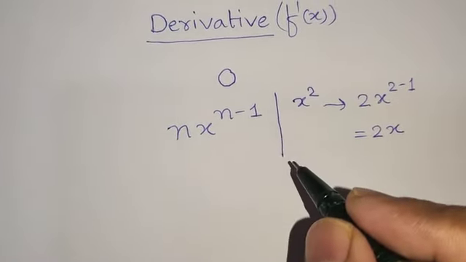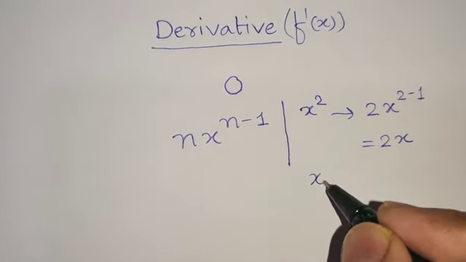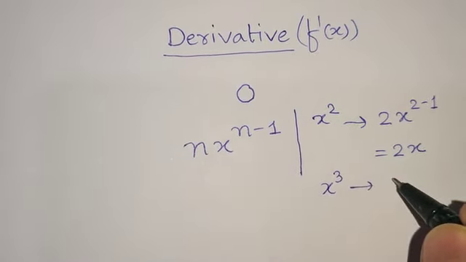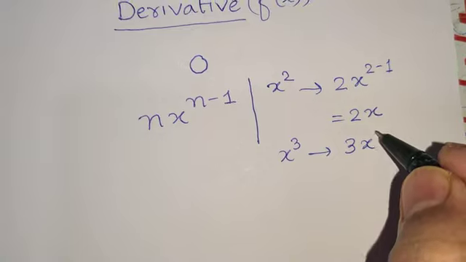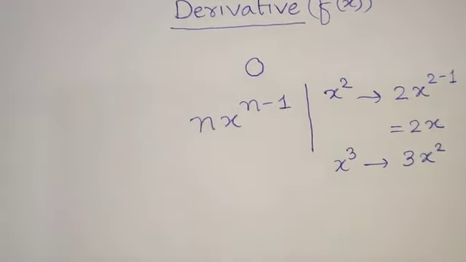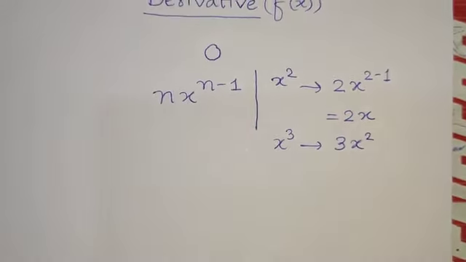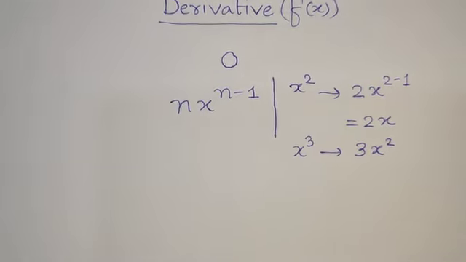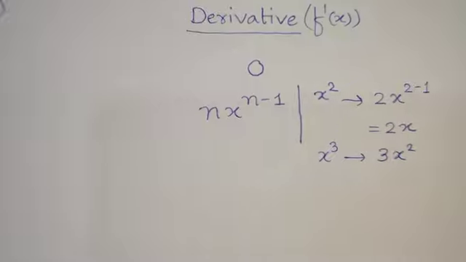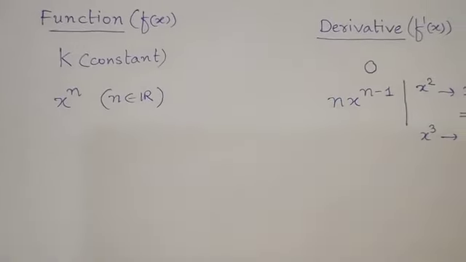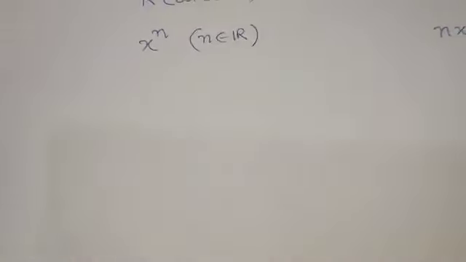In the similar way, you can find the derivative of x cube is 3x raised to 3 minus 1, so I will directly write 2. The derivative of x cube is 3x square. And in the similar manner, for any n belongs to R, you can find the derivative of x raised to n, that is n x raised to n minus 1.